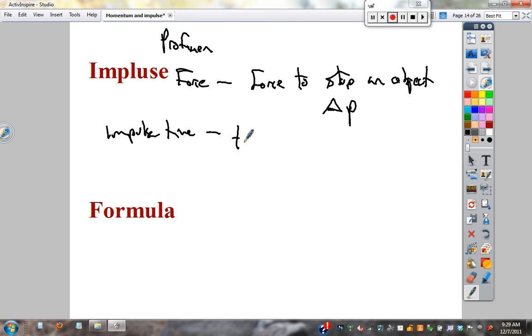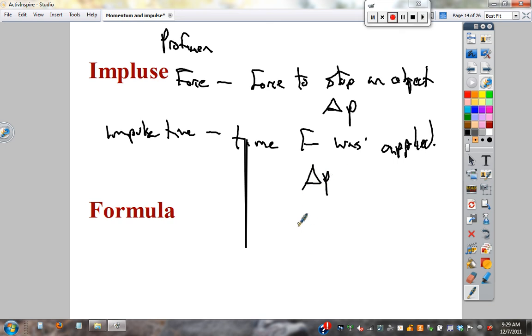And this is the time that the force was applied to change an object's momentum. And your formula is impulse equals change in momentum. Force times time equals change in momentum.